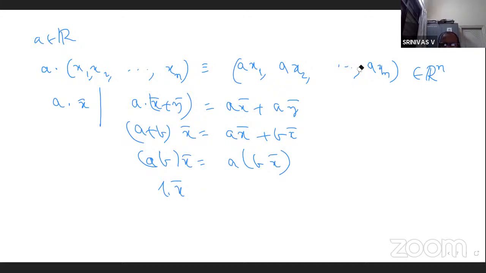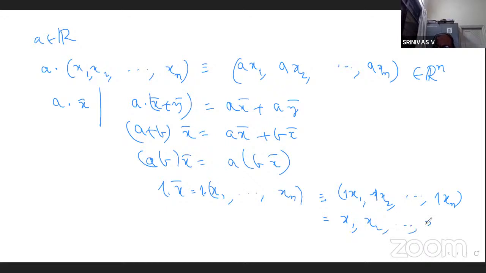How do we define this? This is defined as 1 into x1 up to xn, right? It is defined as equal to 1 into x1, comma, 1 into x2 up to 1 into xn. By the definition of the scalar product, 1 into x1 is x1, 1 into x2 is x2, and so on. 1 into xn is xn.